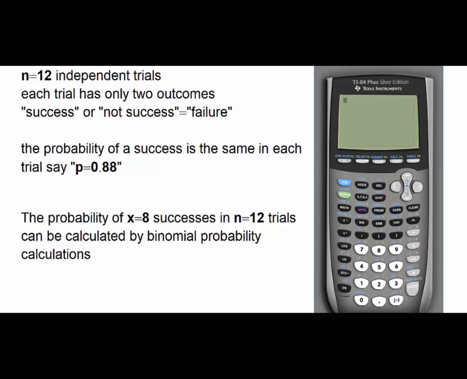Now let us consider a situation in which my calculator doesn't give me the windows in which I could enter all the numbers. So in that type of calculator, what I can do is the same thing.